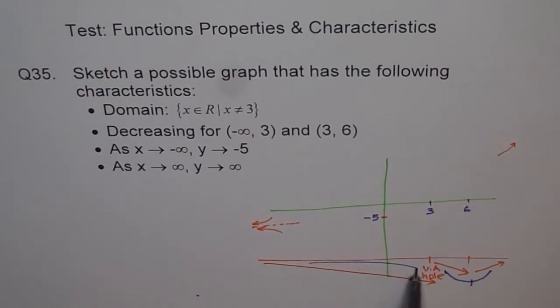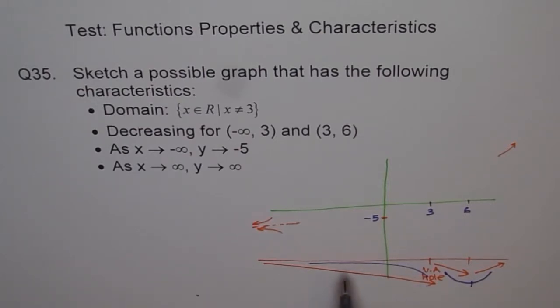Or it could even be a flipped exponential function. So you could do minus 2 to the power of x. Because if 2 to the power of x goes like this, is that okay? So minus will come like this, and then translate it 5 units down. That is one possibility.